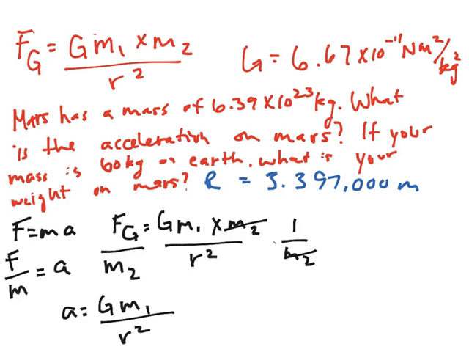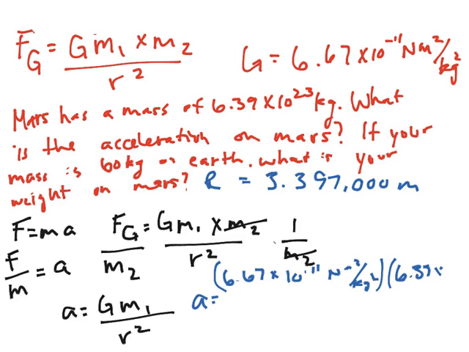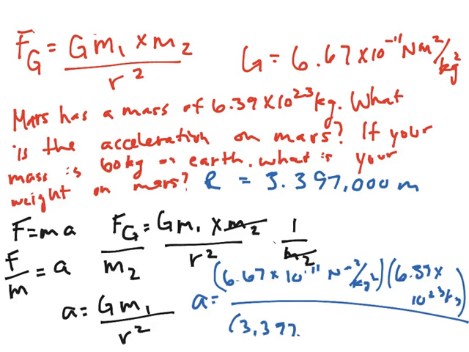So this equation turns into the acceleration is equal to the gravitational constant, 6.67 times 10 to the negative 11 newton meters squared per kilograms squared, times the mass of your object, which is Mars, 6.39 times 10 to the 23rd kilograms, over this large number squared.